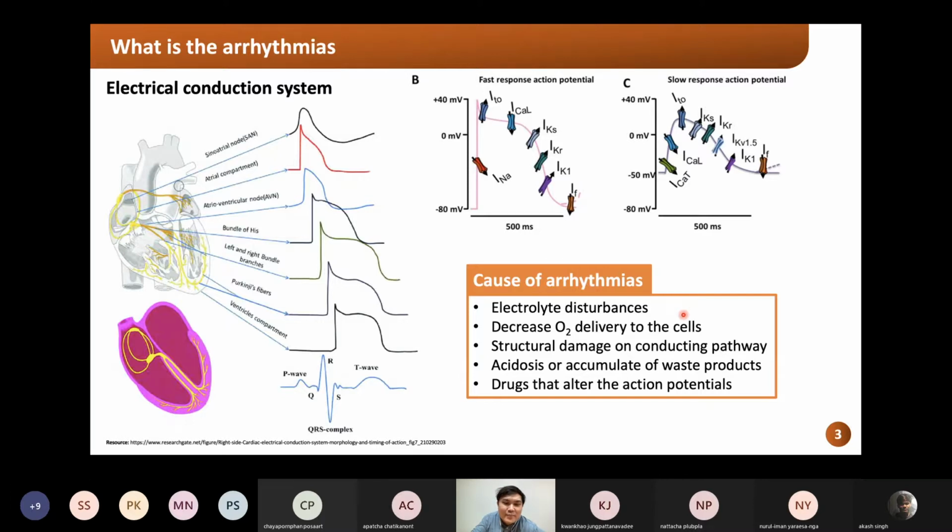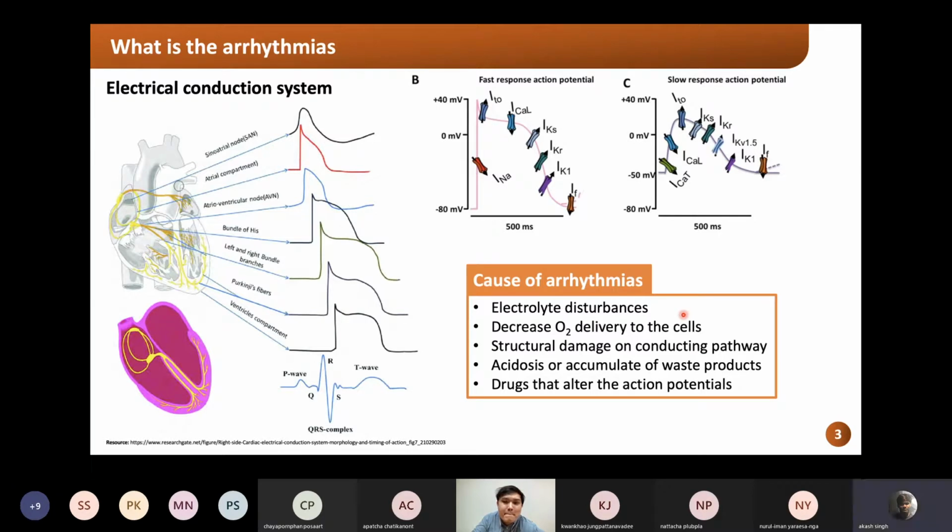But I read in a book before that acidosis or accumulated waste product can cause metabolic changes in terms of the electrolytes. In my opinion, when sodium or calcium changes, or there is electrolyte imbalance in the cell, it might affect the excitability of the action potential, but I'm not sure about this, just in my opinion.